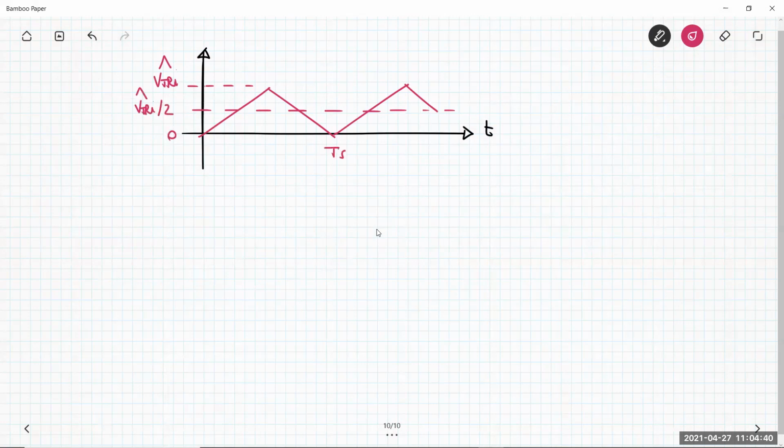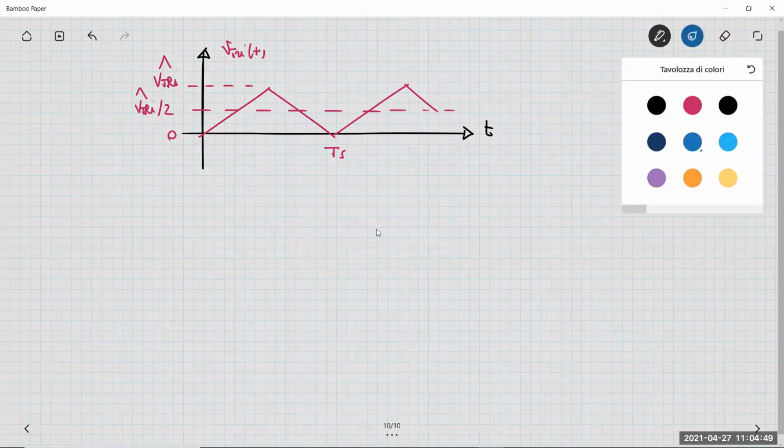This is TS, etc. This is V triangular in the modulator. Then we have the control voltage. Let's start with the situation in which the control voltage is higher than V triangular peak divided by 2.